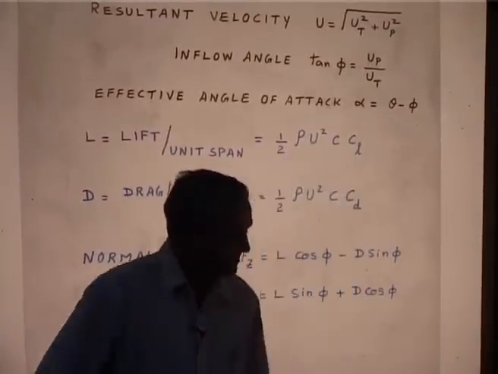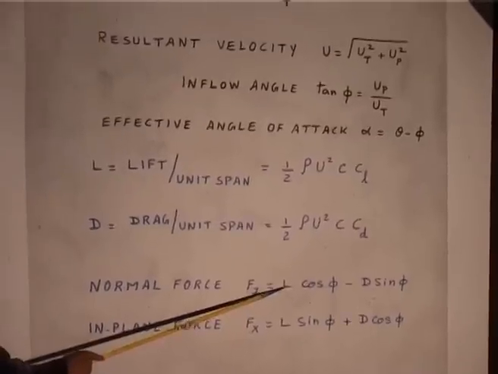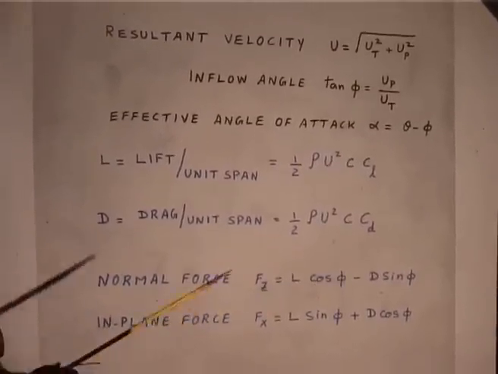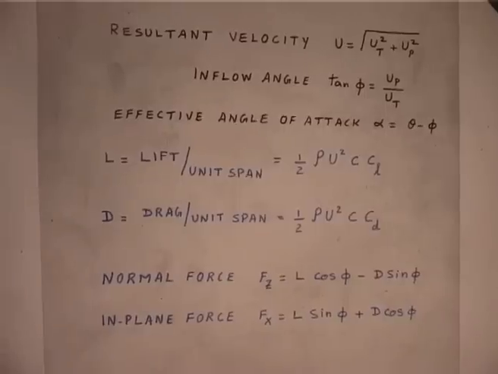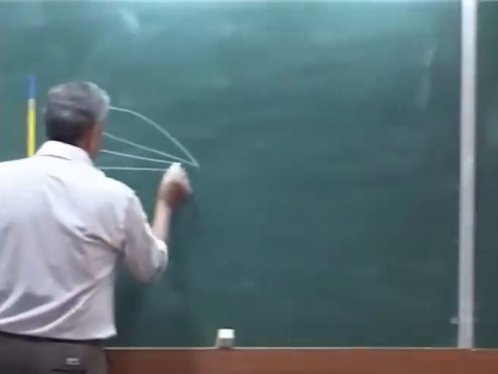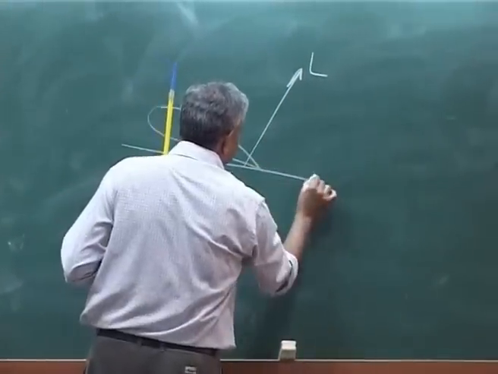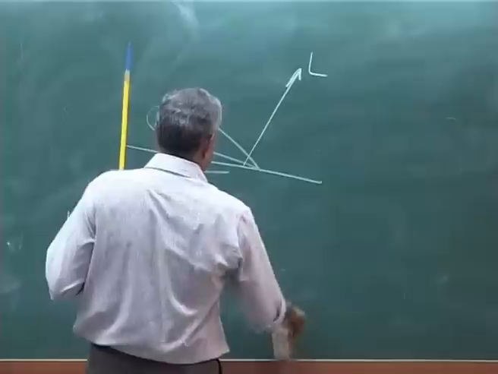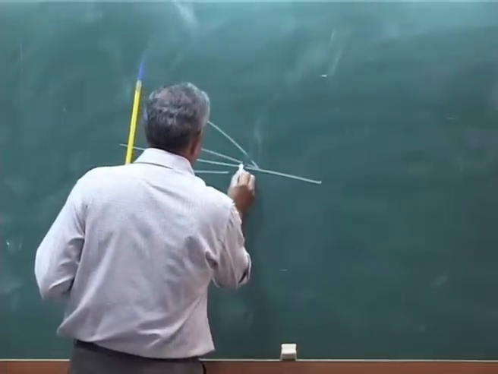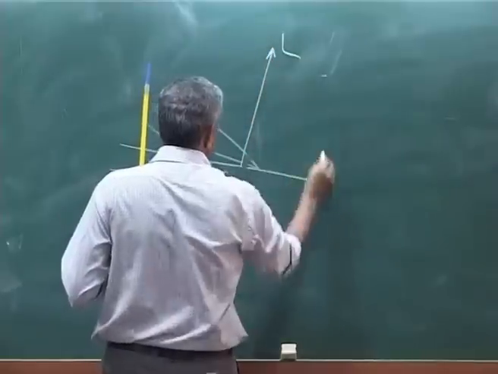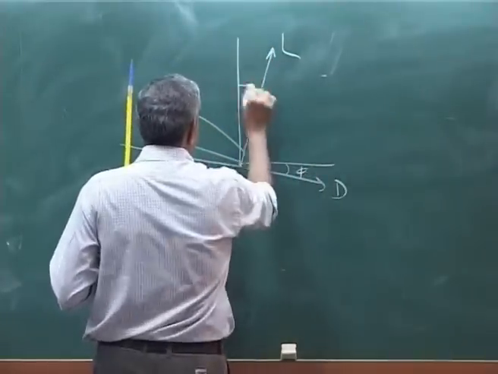I have written here normal force Fz is L cosine phi minus D sin phi, because you subtract, because the resultant is coming here, this is omega r. So, you have your L, okay, this is L, this is D, and this angle is phi, this angle is phi.